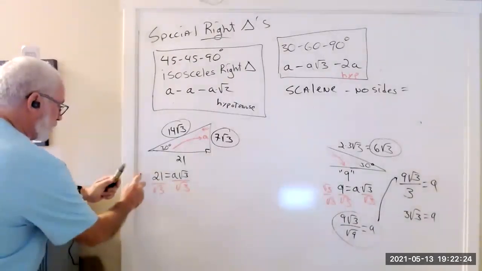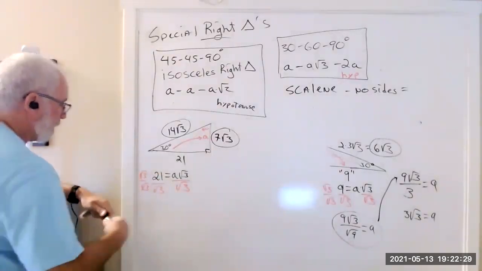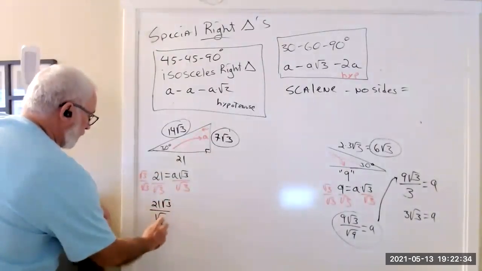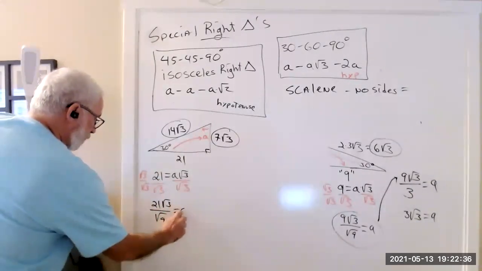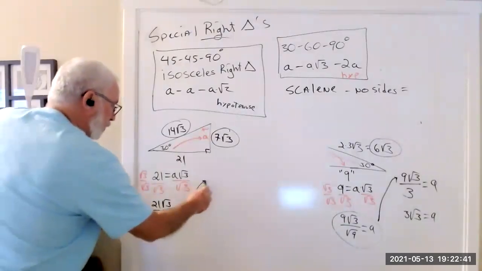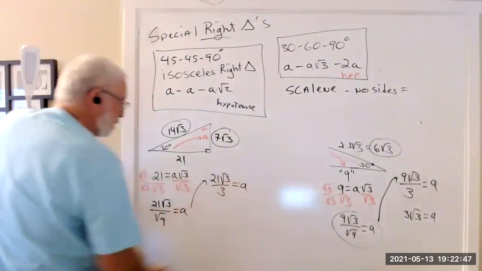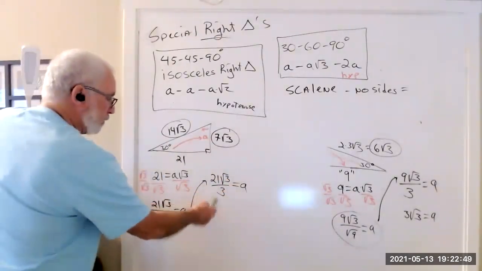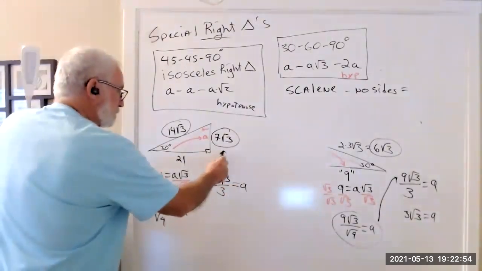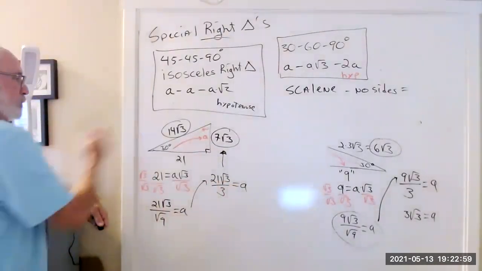So that means you multiply top and bottom by radical 3. And you get 21 radical 3 over radical 9 equals A. But radical 9 is normal 3, so you get 21 radical 3 over normal 3. And 21 radical 3 divided by 3 is that. And then I just multiplied it by 2 to get to that.